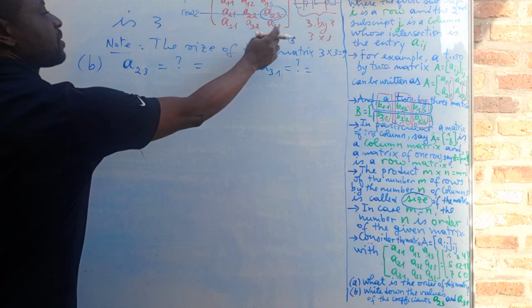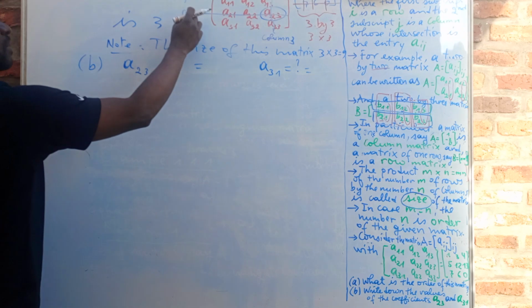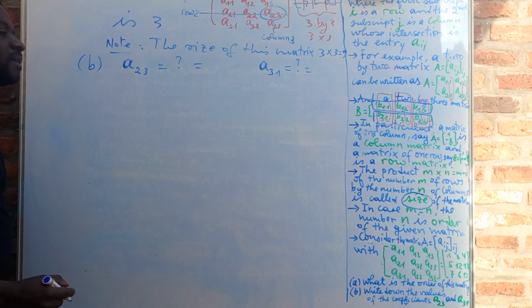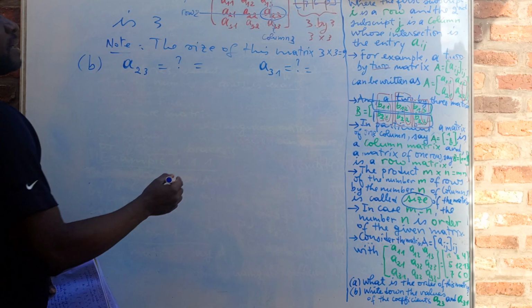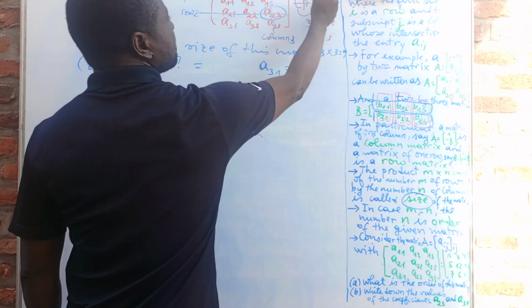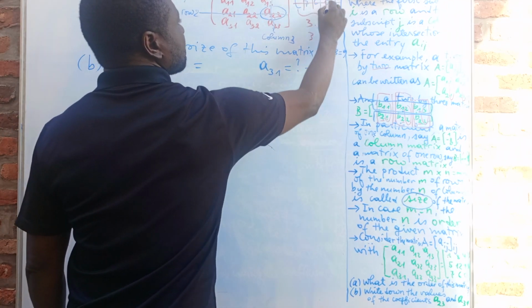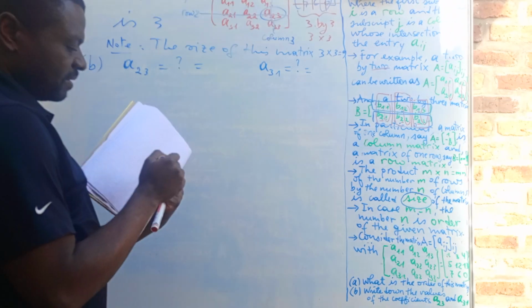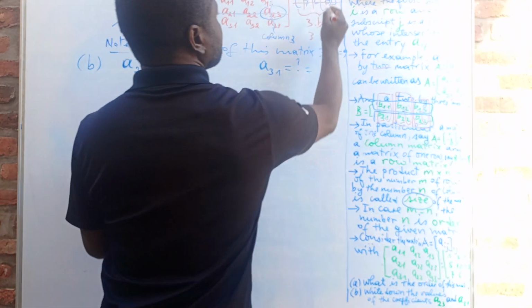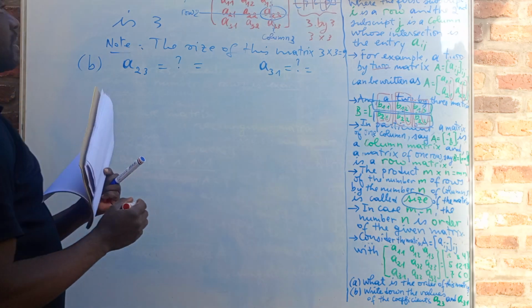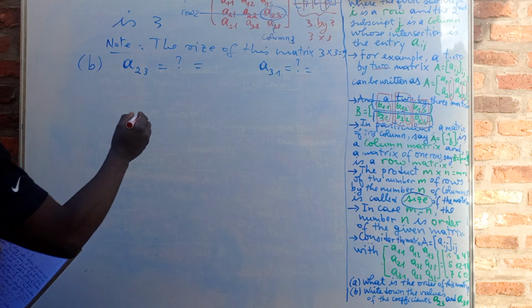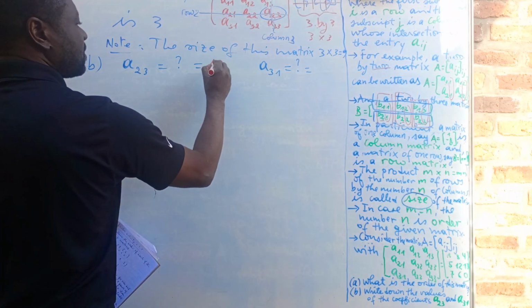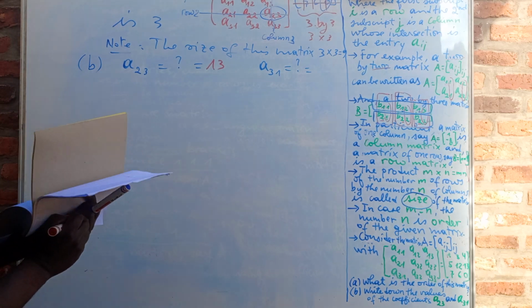Third column or column 3, same; second row or row 2, same. Now in this case, this element is at this intersection. So we can see it is 13. So in that case, we have 13.